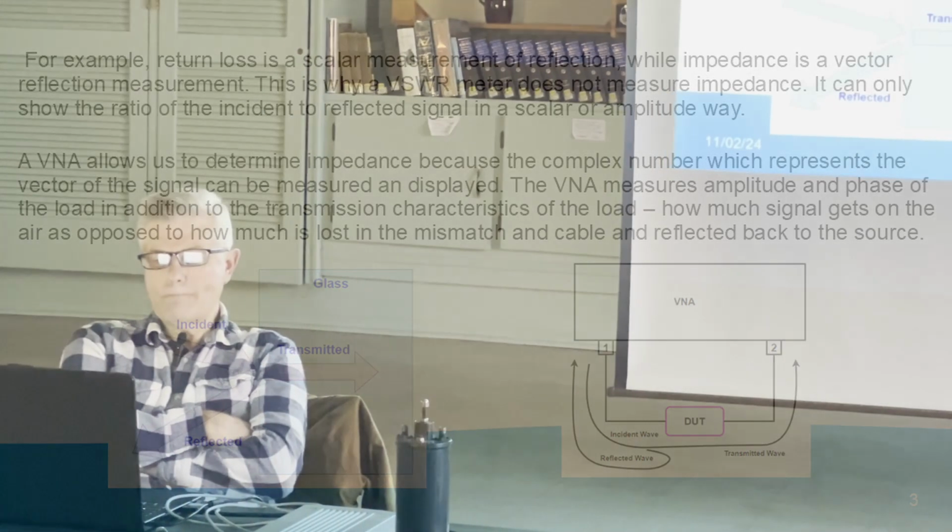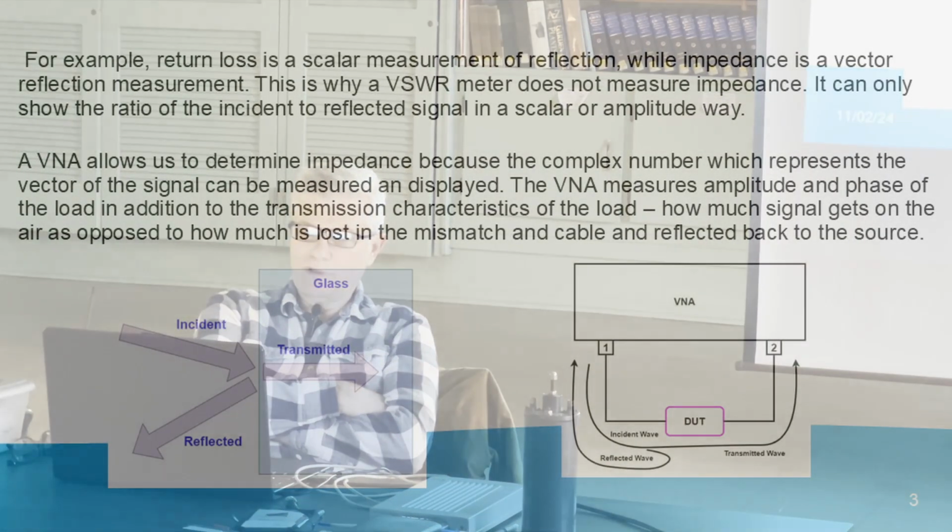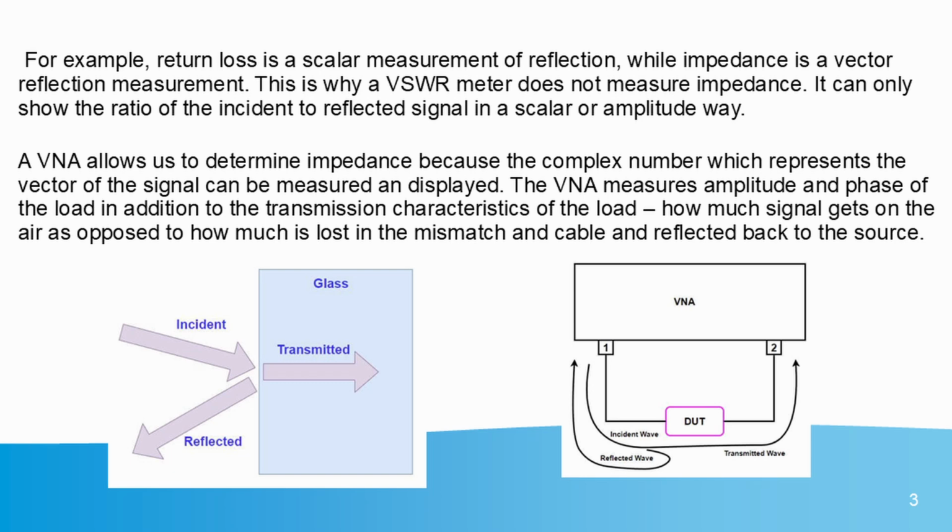Now, in a VNA, we can do this with a single port or dual port. I'm showing a device under test, something like a filter, or it could be anything really that has an input and an output. That's a passive device.